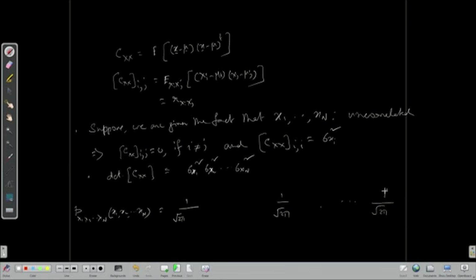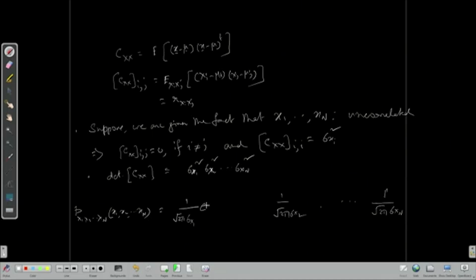Then sigma x1, sigma x2, sigma xn, that is, I am taking the positive square root of this product. So I take sigma x1 here, sigma x2 here, sigma xn here. So if you multiply the denominators, you get back what we had earlier. Then e to the power is something that we have to see.